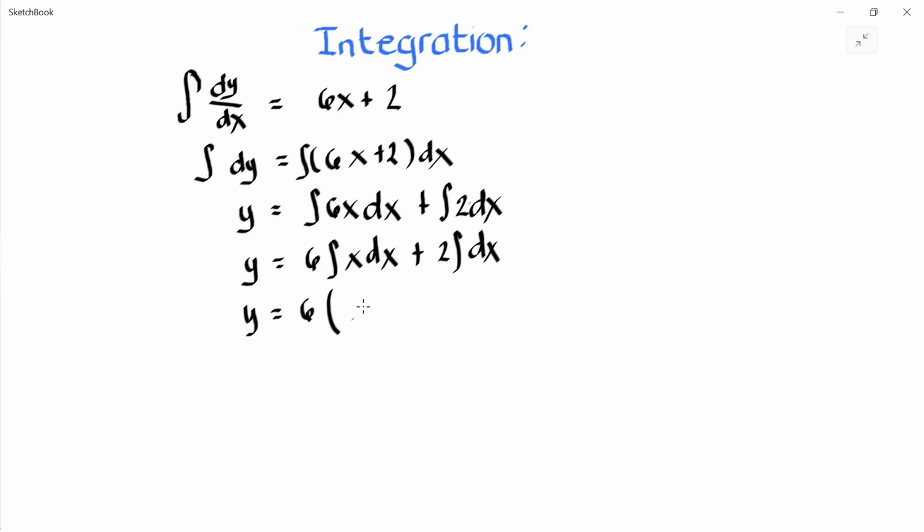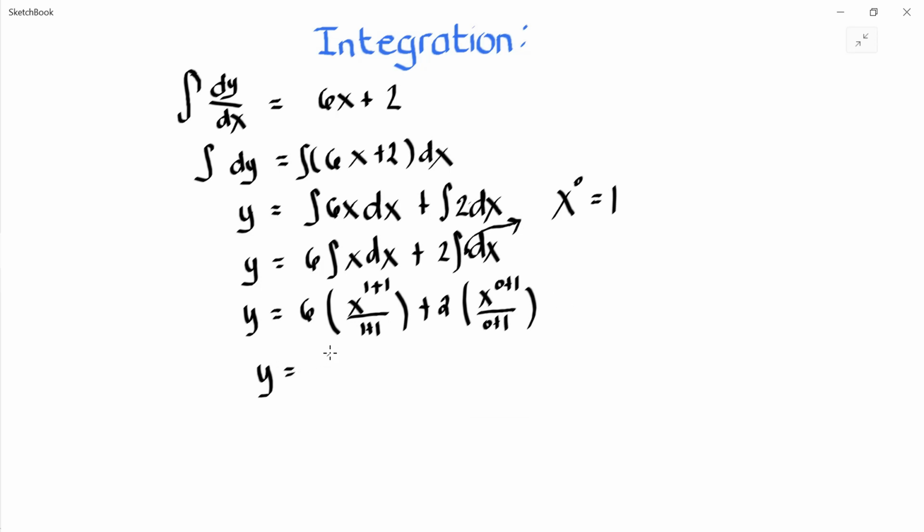Therefore, y is equal to 6 multiplied by x raised to 1 plus 1 over 1 plus 1, plus 2 times x raised to 0 plus 1 all over 0 plus 1, because anything raised to 0 is always equal to 1. Therefore, the 1 right here is actually equal to x raised to 0. Therefore, we get y is equal to 6 over 2, which is 3x squared plus 2x.